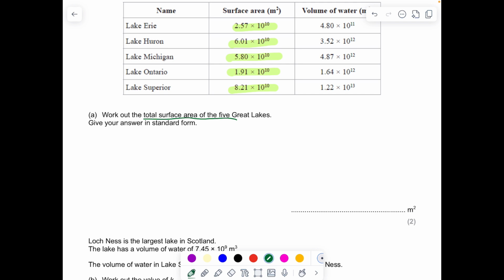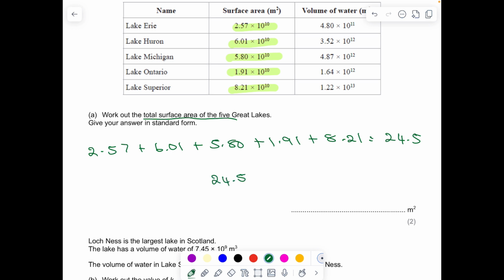All you need to do is add up 2.57 plus 6.01 plus 5.80 plus 1.91 plus 8.21, and that I think comes to 24.5. So 24.5 times 10 to the power of 10.